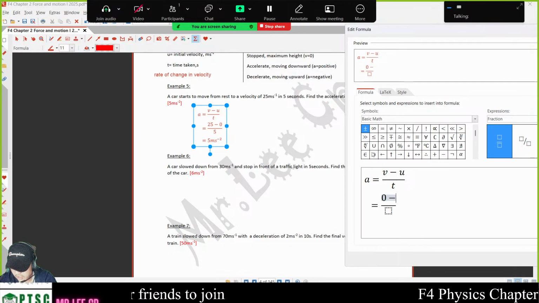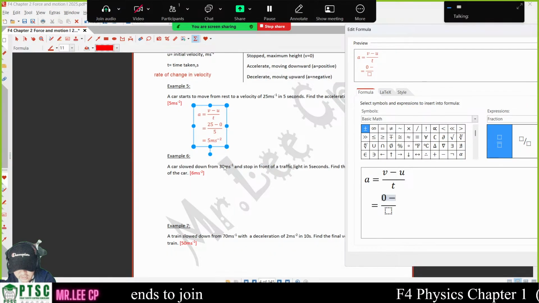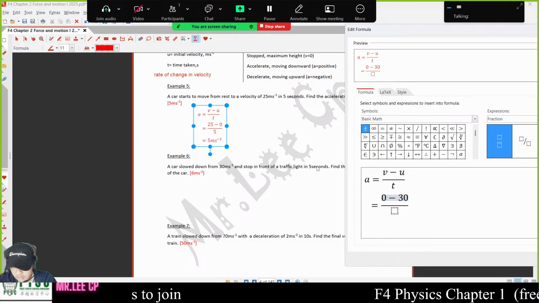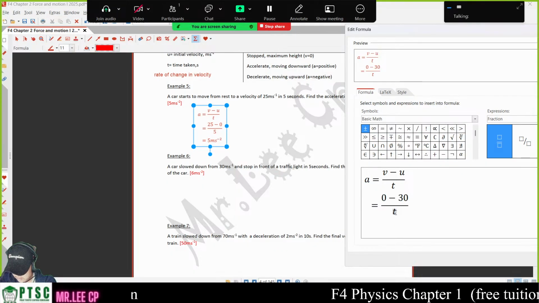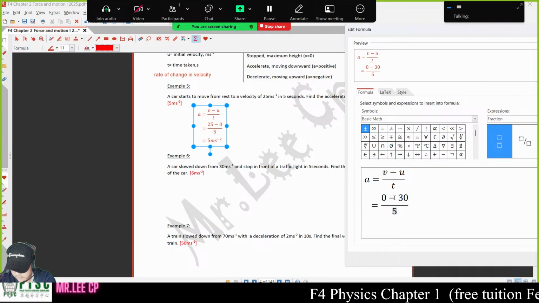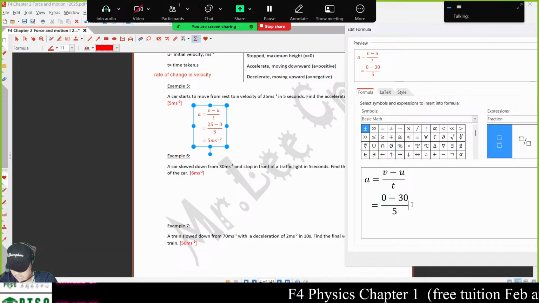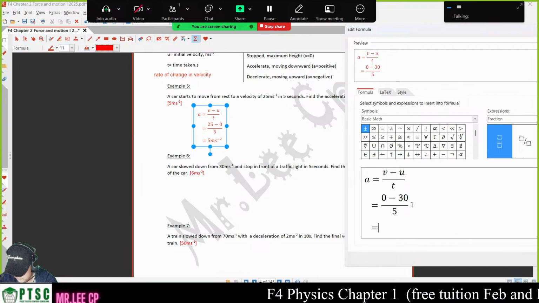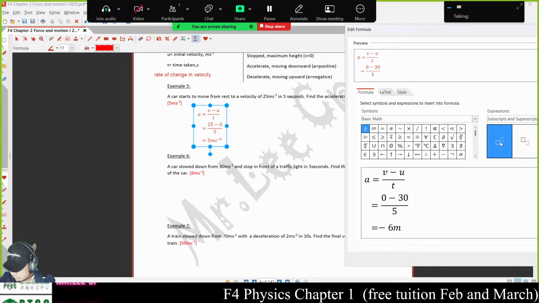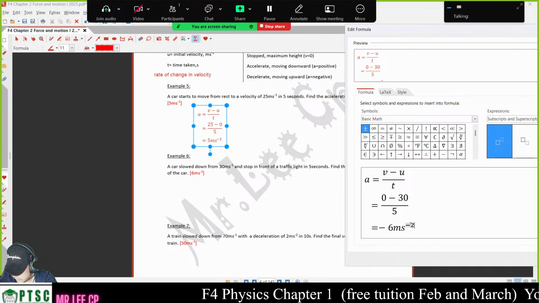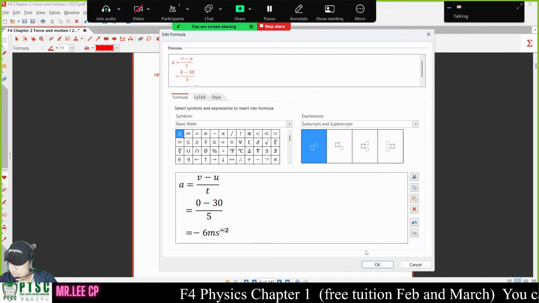So 0 minus initial 30, over the time taken 5. So negative 30 divided by 5, you get negative 6. The unit is ms negative 2.